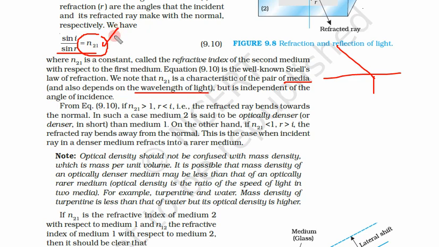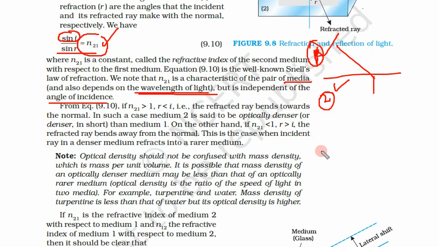This n21 depends on these two media, medium 1 and medium 2, as well as the wavelength of the light, but it is independent of the angle of incidence.